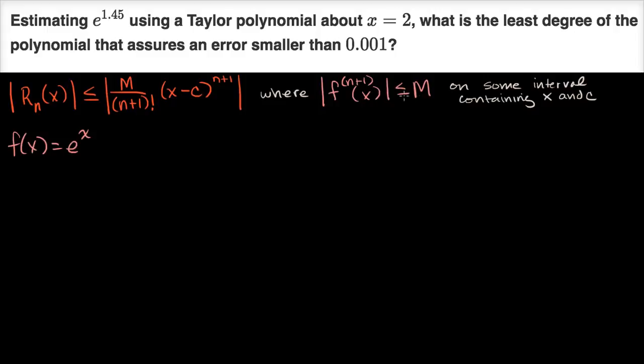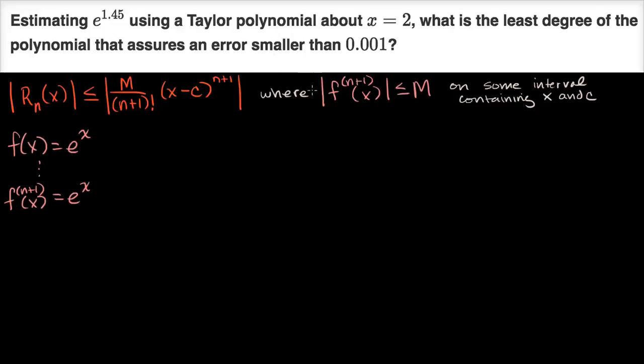To figure out what m is, let's remind ourselves that the first derivative of this is going to be e to the x. The second derivative is going to be e to the x. The nth derivative is going to be e to the x. The n plus 1th derivative is going to be e to the x, which is convenient.